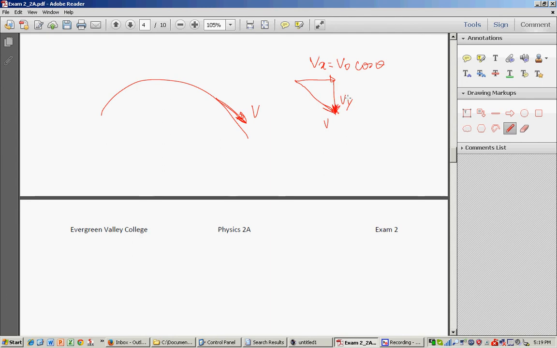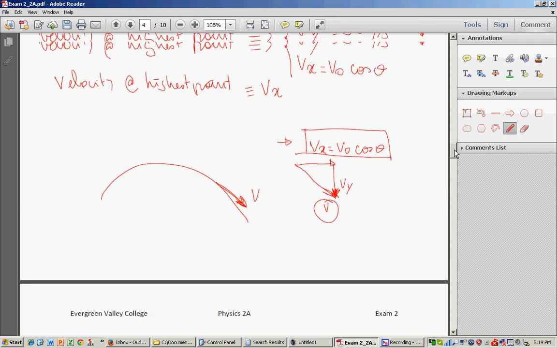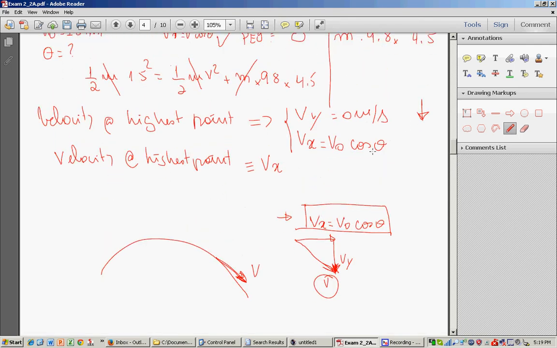Vx is always equal to V naught cosine of that initial theta, and the Vy projection is the only one changing. So your velocity at any given point of that curve is always given by a projection in x, which is always the same, V naught cosine theta, and a Vy that keeps changing all the time.